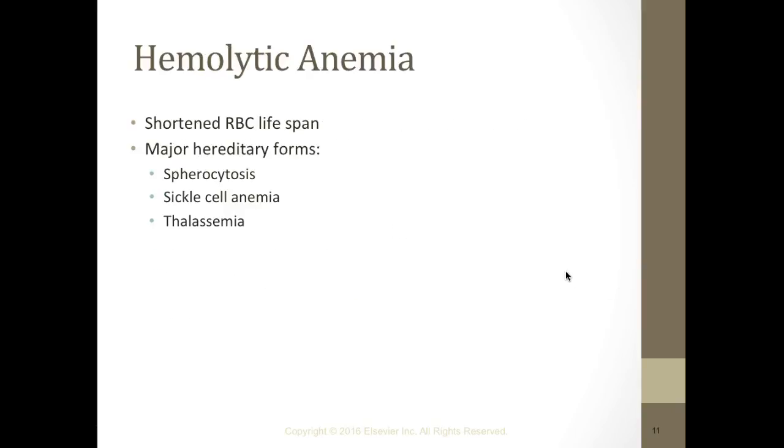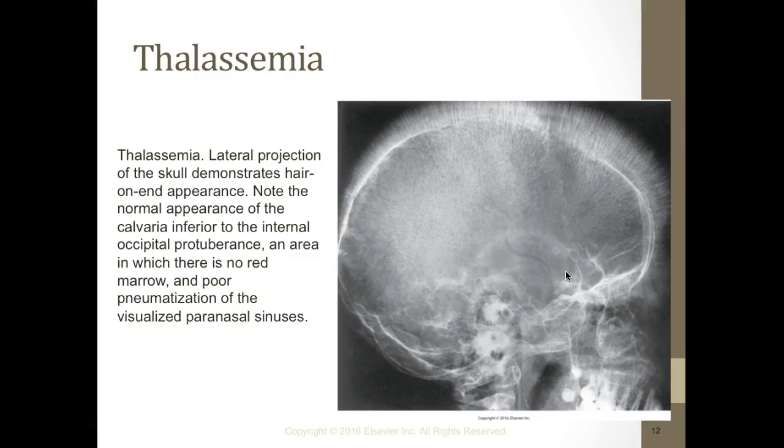So hemolytic anemia is a shortened red blood cell lifespan, and the major hereditary forms are spherocytosis, sickle cell anemia, and thalassemia. Thalassemia is probably the coolest one you'll see. This is a lateral skull, and you can see it has hair on end.